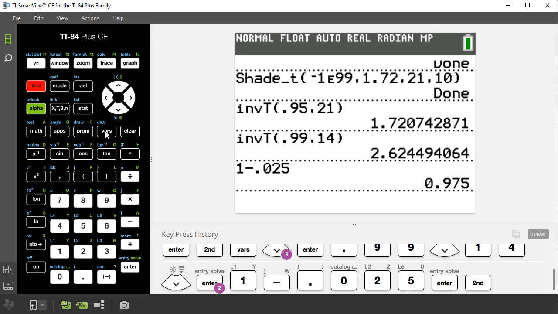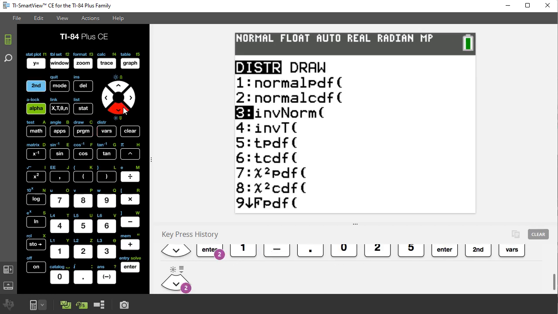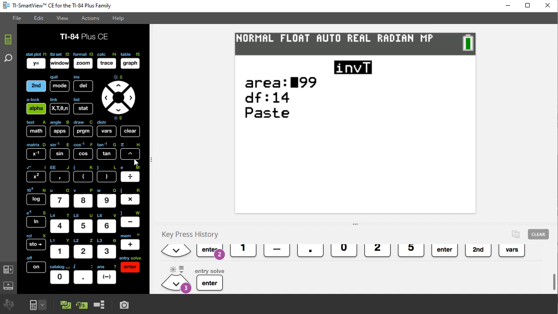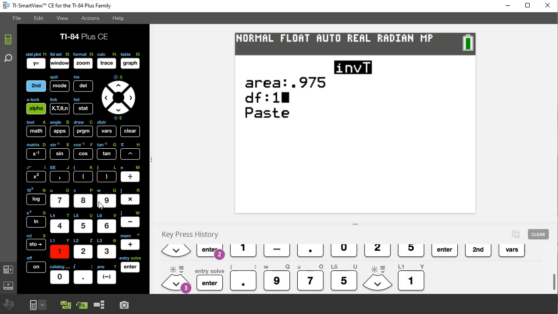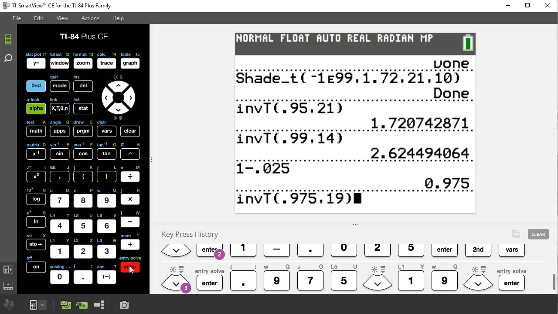So we'll do second vars, inverse t, and replace the area with 0.975. The degrees of freedom is 19 due to the fact that we have a sample size of 20, so n minus 1. And then we hit enter.